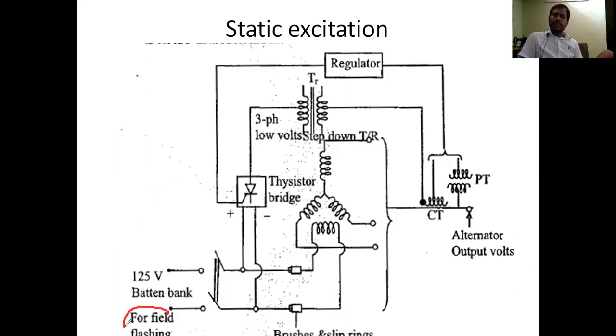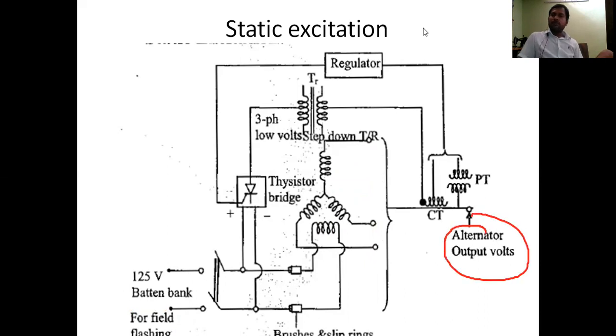Also you can use field flashing. Field flashing is about giving flux to the field winding, and if you give the flux, some flux will be available here, and you need to rotate this at synchronous speed, and EMF will be produced at the terminals of the alternator. The output of the alternator is available here.